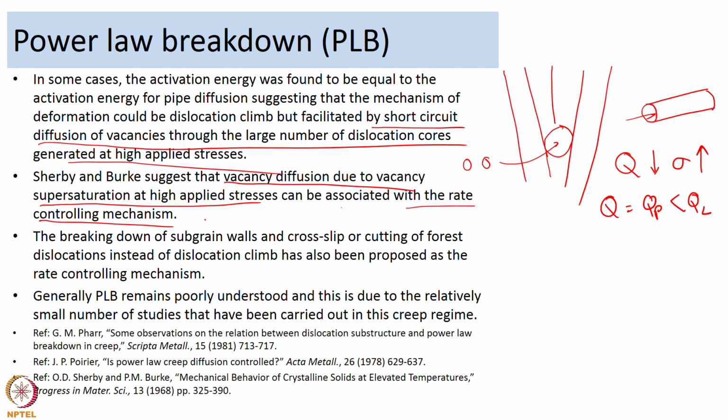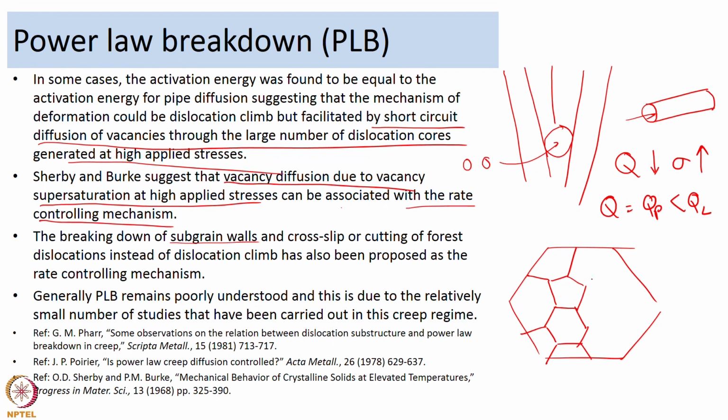Another mechanism that people have suggested is the breaking down of subgrain walls and cross slip or cutting of forest dislocations. In power law creep we were talking of the formation of subgrains within the material.